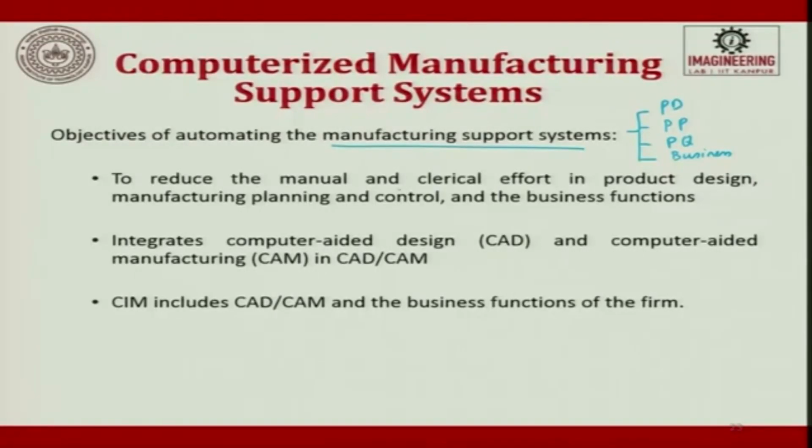You have a single server wherein all the parts and products are stored, and whenever there is a customer requirement, they pull out the library function, look at the existing parts and see which part to tweak such that they can meet the requirement for a customer. They make the tweak, store it inside the server, and then release it as a new product. So, that is what is meant by reducing the manual and clerical effort in product design, manufacturing planning, control.